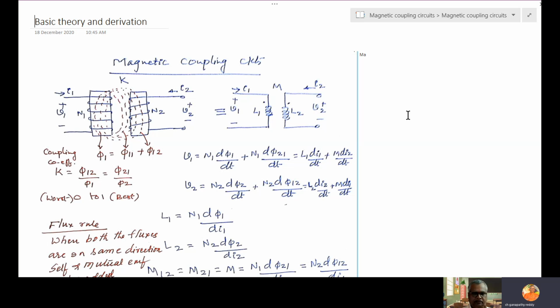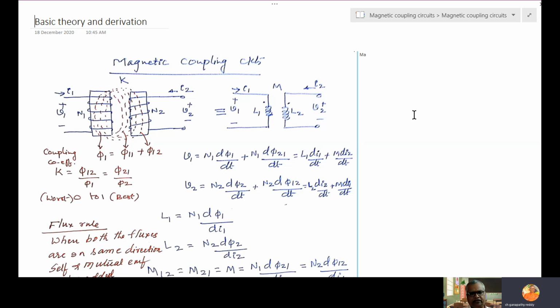Fourth one is Lenz's law: whatever EMF is induced opposes the cause which is producing it. These four things I explained earlier when I introduced the inductor in the DC analysis beginning topics.